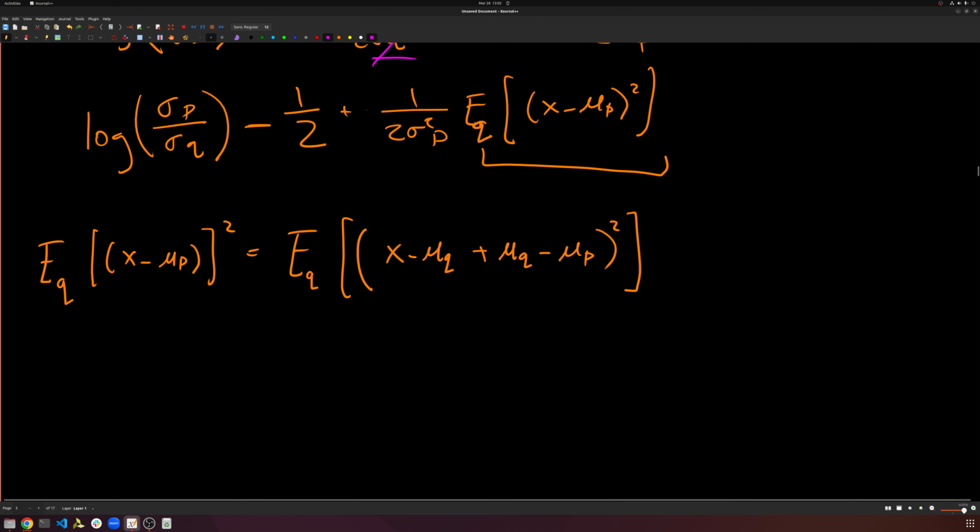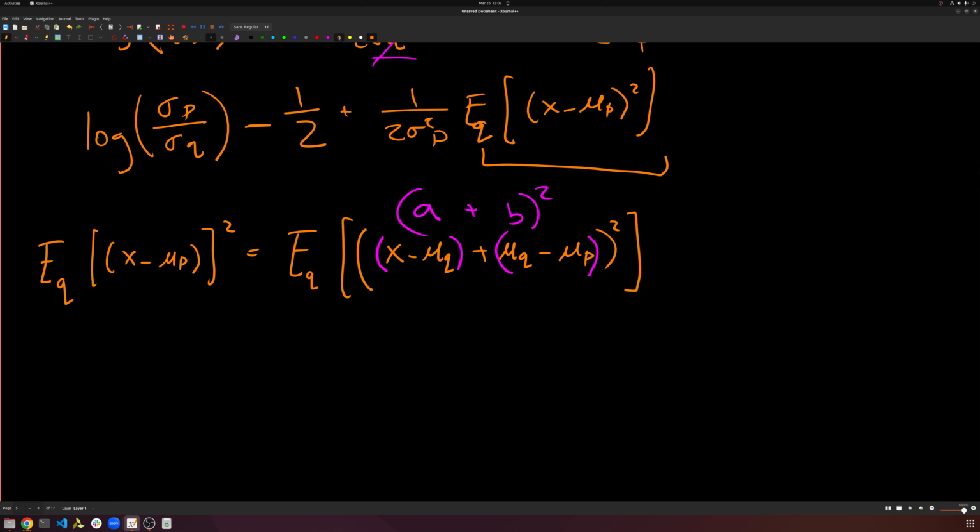And just to make it clear, I'm going to throw some parentheses around here because there's no rule against doing that. So what we really have here is some a plus b whole squared, right? We have something plus something, and we have a big square around all of it. So let's just use our typical a plus b whole squared formula.